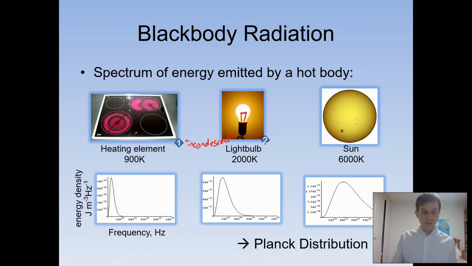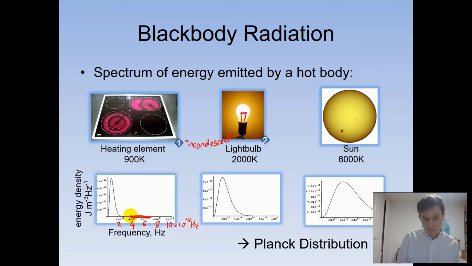And if you do that, you end up with some graphs that look like this. Here on the x-axis, the different frequencies of the light are plotted. You probably can't see the scale. This goes from 2, 4, 6, 8, 10 times 10 to the 14 hertz. The bit we can see is somewhere in between about 4 and about 7.